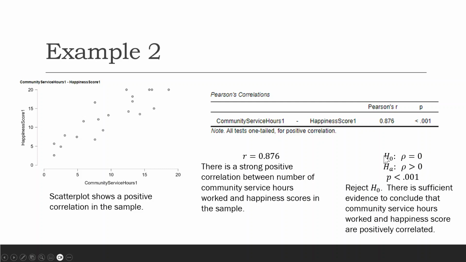And by testing this null and alternative hypothesis, we obtain this p-value here, which means that we do have sufficient evidence to conclude that community service hours worked and happiness score are positively correlated. There's enough evidence. We rejected the null since our p-value is less than alpha. So we can expect in the population that relationship is a positive linear relationship.